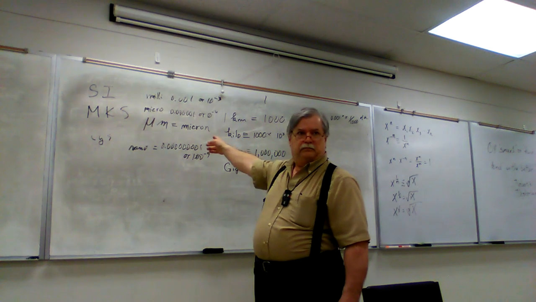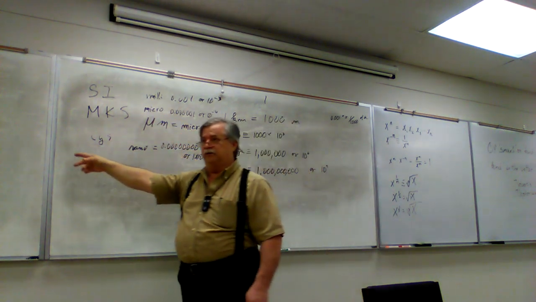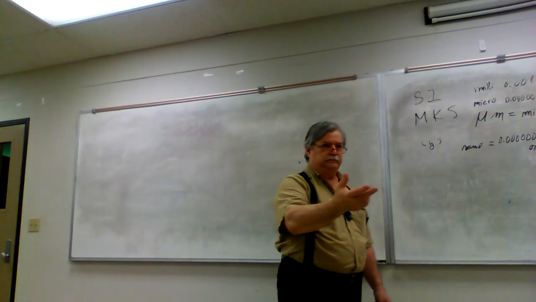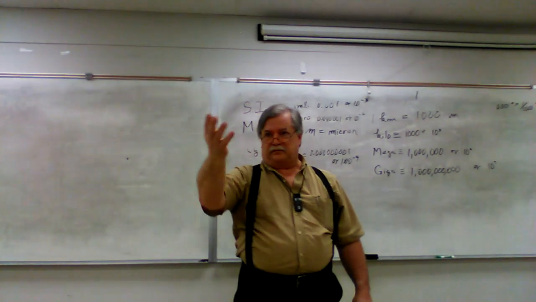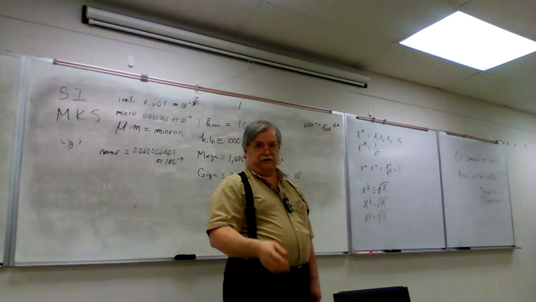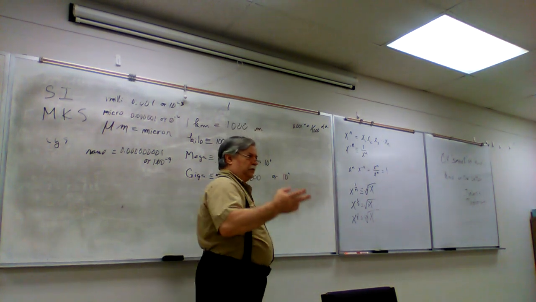units. Meters per second, meters per second squared. Meters is distance. Meters per second is speed. Give it direction and it becomes velocity, but we'll get to that in a week or two. Meters per second is speed.